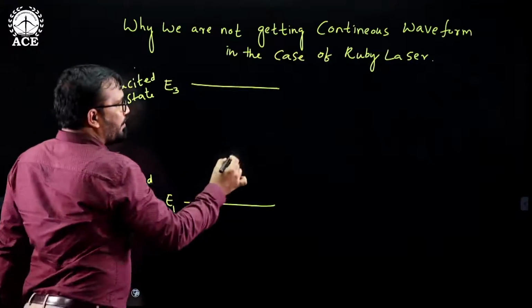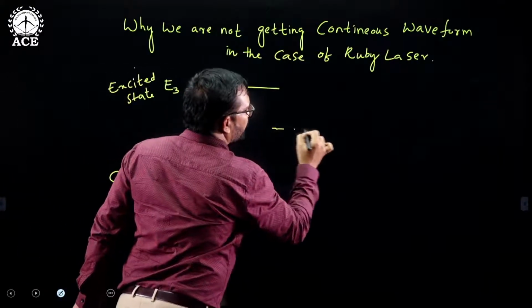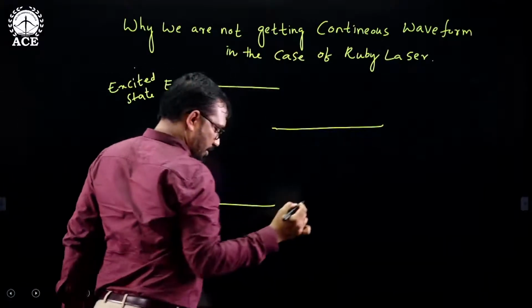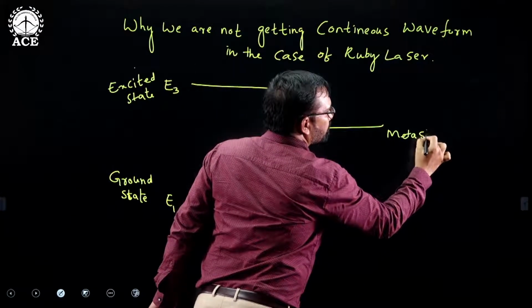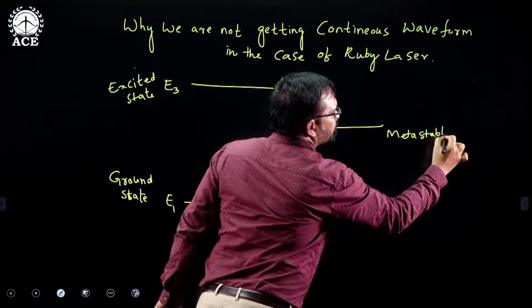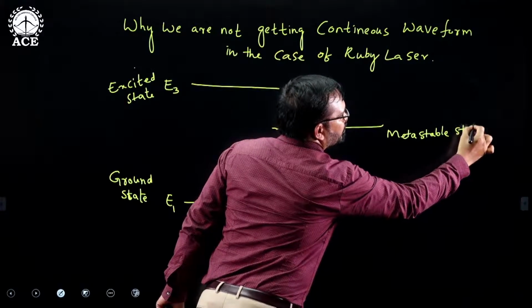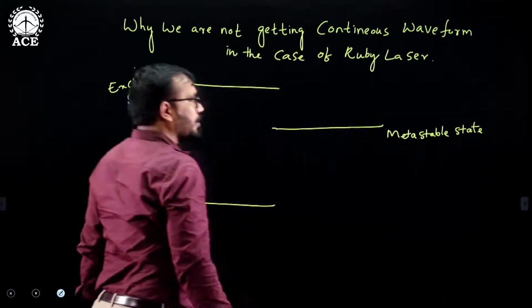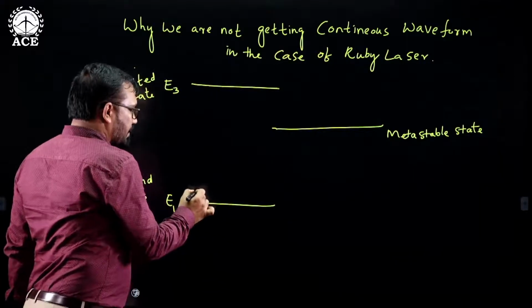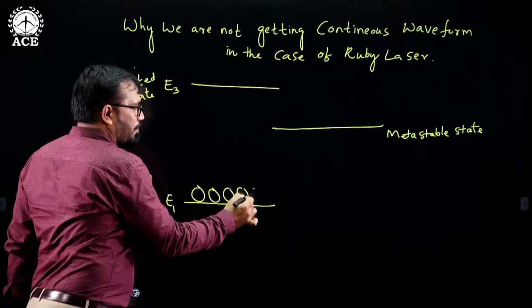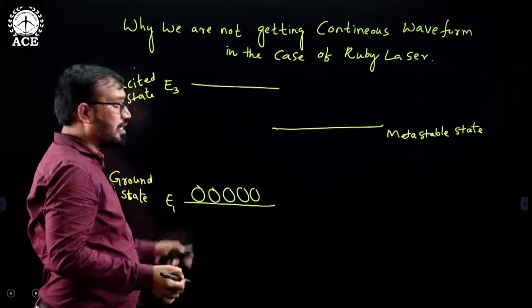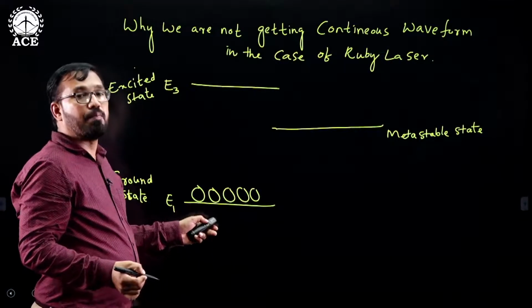In between there is one more state called the metastable state. Okay. So when we give some external energy, that means pumping. Which kind of pumping technique? The optical pumping technique we are using.